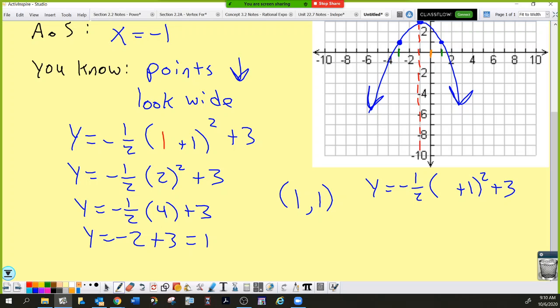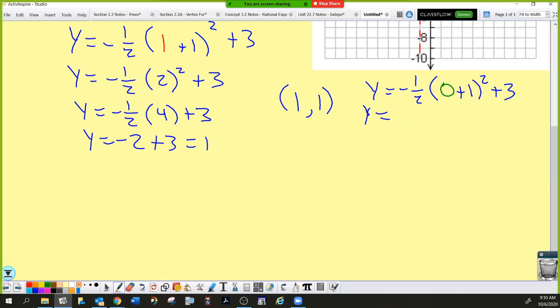So I'm going to plug in x equals 0 now. Well, 0 plus 1, of course, is 1. Well, 1 squared is still just 1. Anything times 1 is always going to be itself.